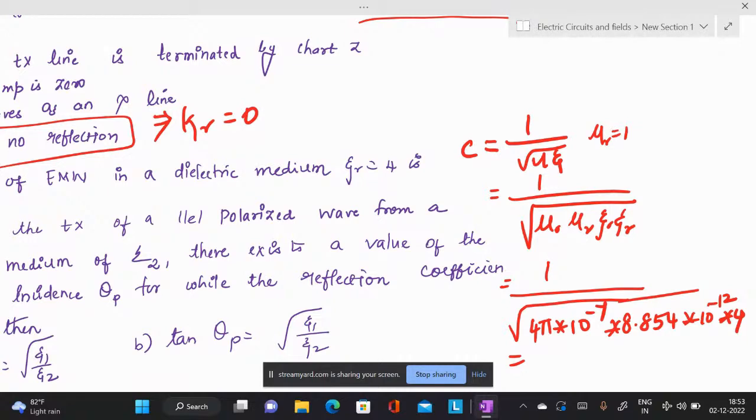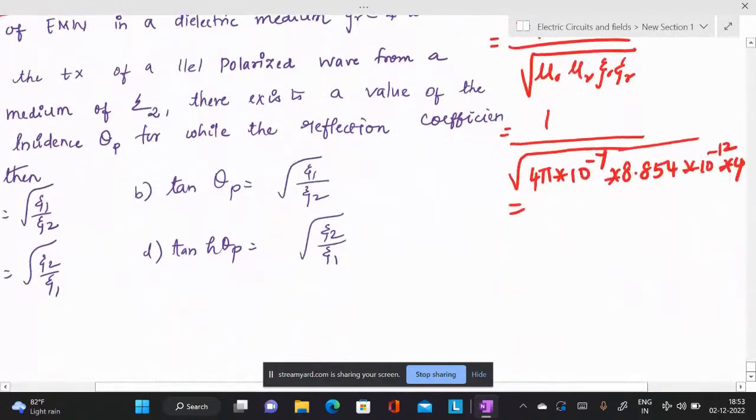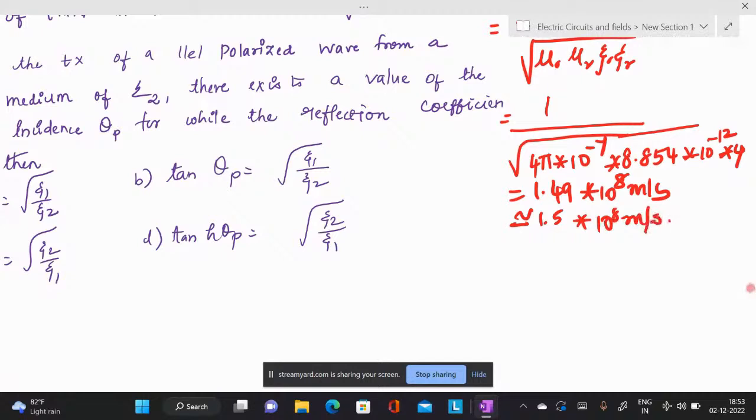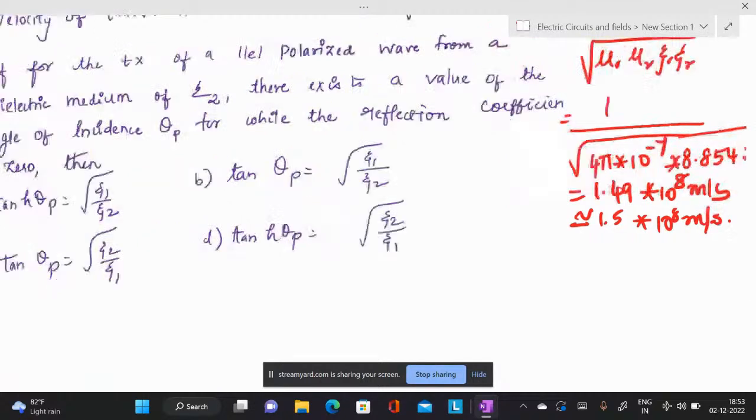Are you getting some 1.5 into 10 to the power 8 meter per second? That is 1.49 into 10 to the power 8 meter per second, which can be approximated to 1.5 into 10 to the power 8 meter per second. Are you all getting this answer?